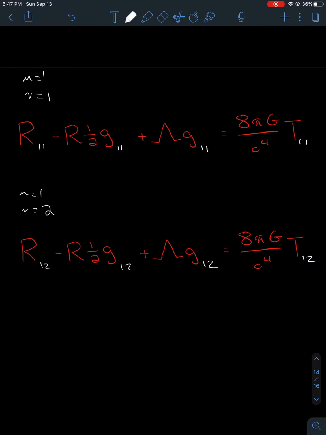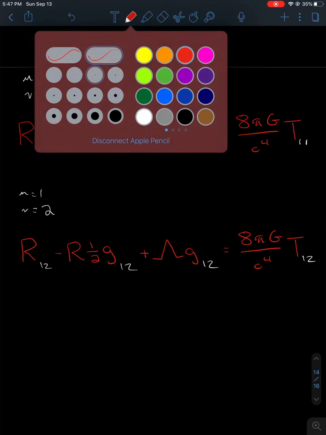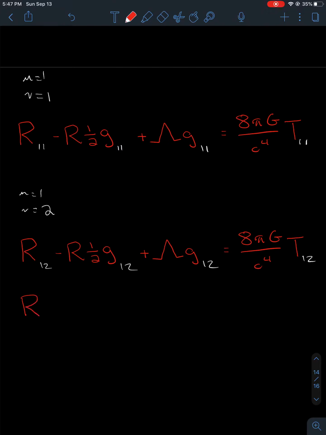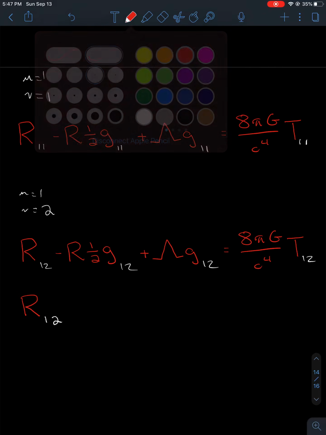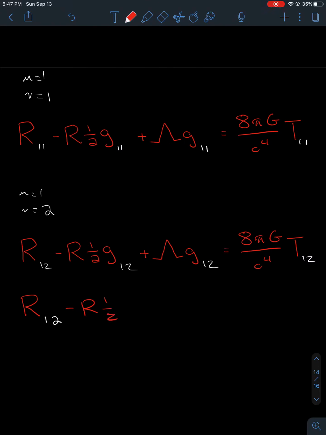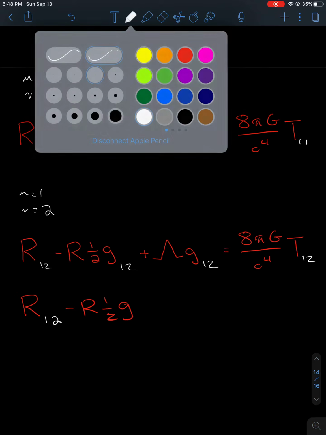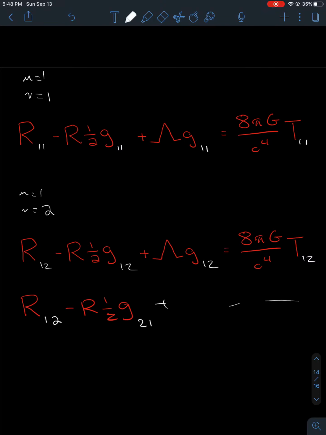I can also have a solution where not all of the mu's are 1, and not all of the nu's are 1. I can have a set that looks like this. And this would be 2. This could be 2, 1 instead, and so on.